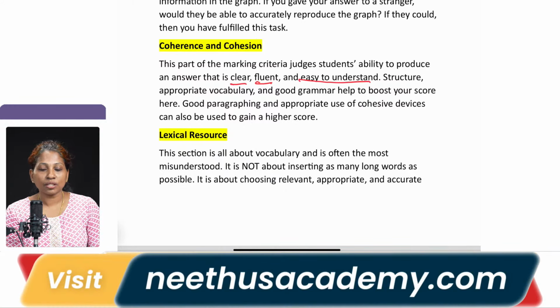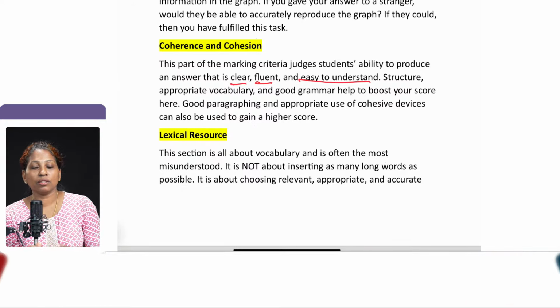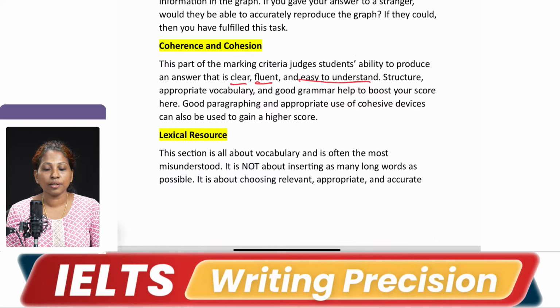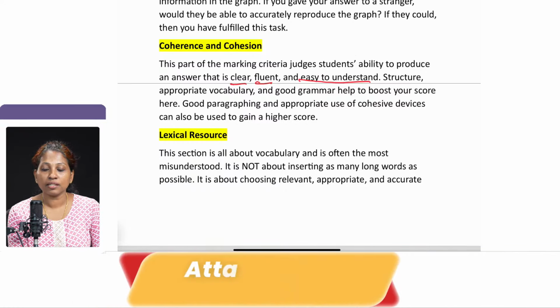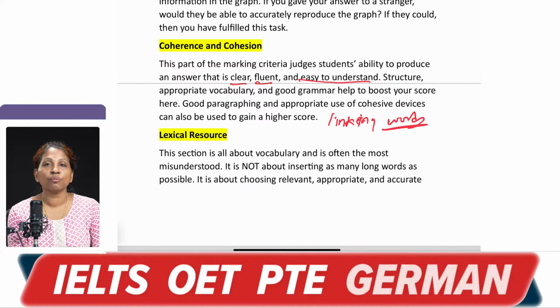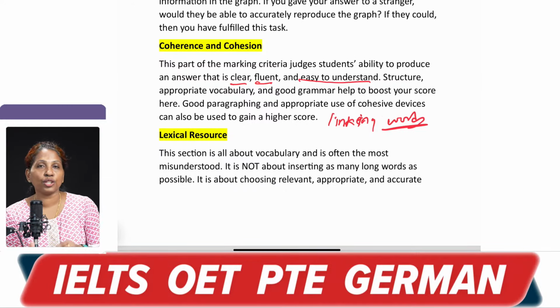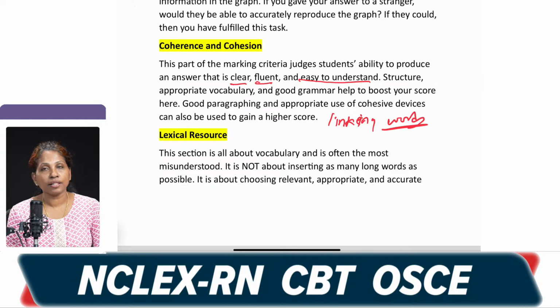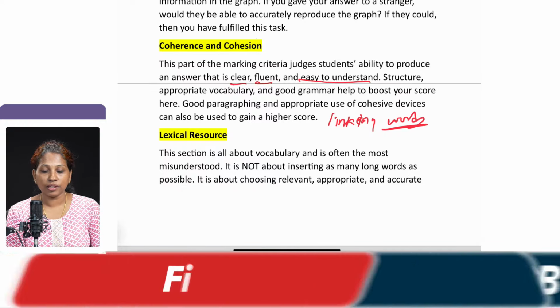So structure, appropriate vocabulary, and good grammar help to achieve this coherence and cohesion. Good paragraphing and appropriate use of cohesive devices, that is linking words, not too much, but to an extent you should use when you join your sentences. That helps to get a good band. That is coherence and cohesion.